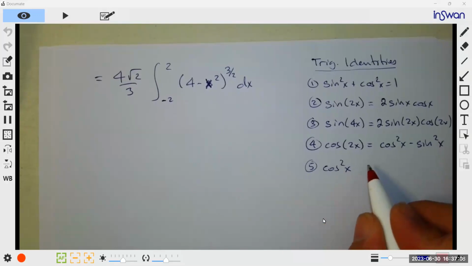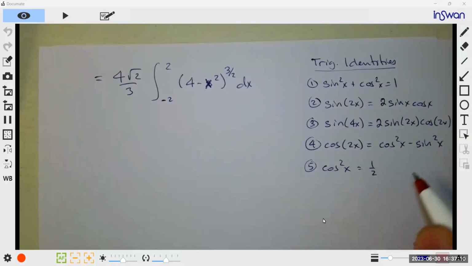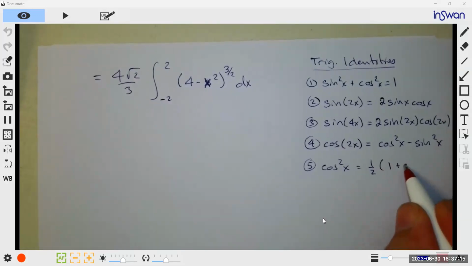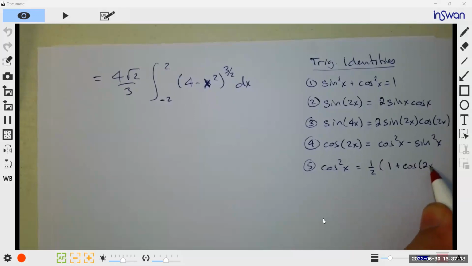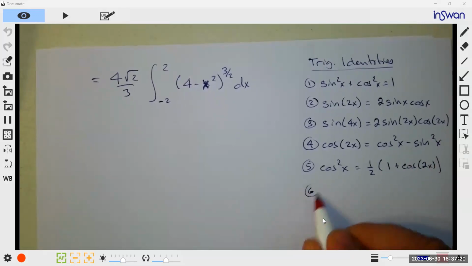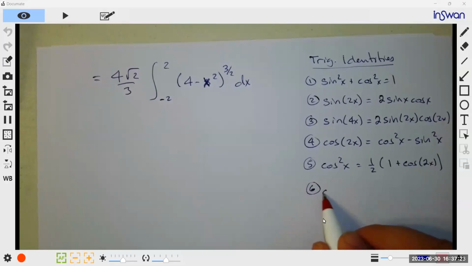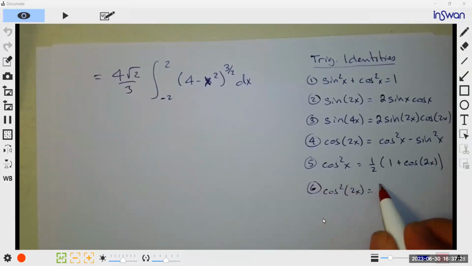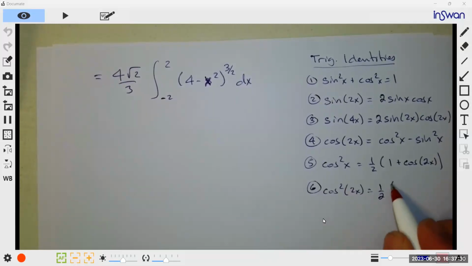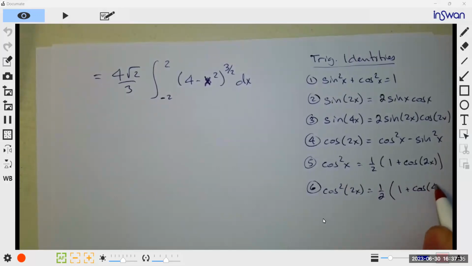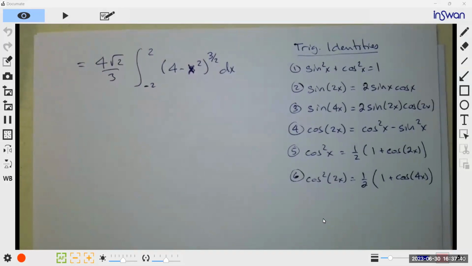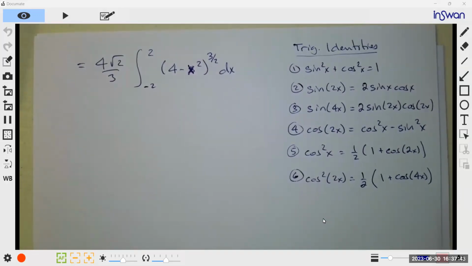Cosine squared x is equal to 1/2 times 1 plus the double angle of cosine, and cosine squared 2x is equal to 1/2 times 1 plus cosine 4x.